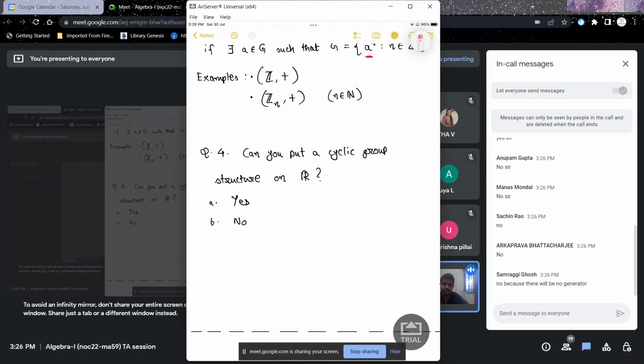Yeah, that's another way of saying that you cannot put a cyclic group structure, but what I'm trying to ask is, what is the underlying reason behind this? Why will there be no generator? If you define a binary operation on R, maybe any binary operation, why does it never have a generator for the group? That is what I'm asking.